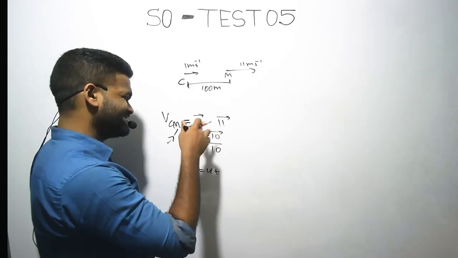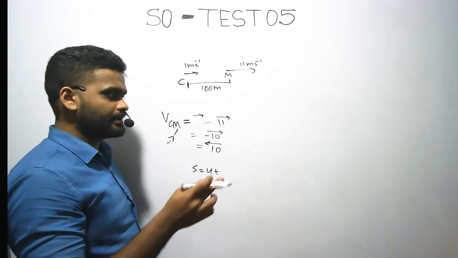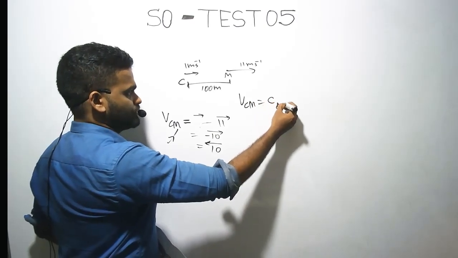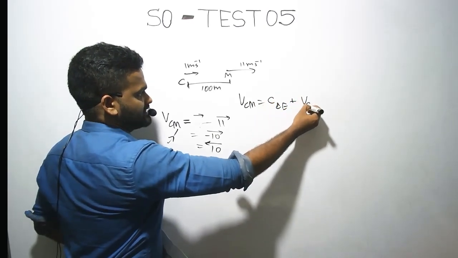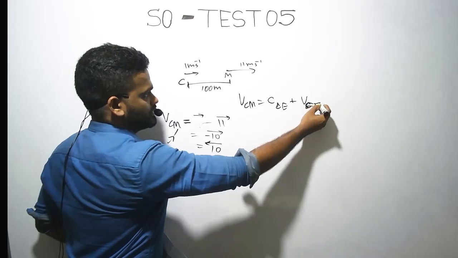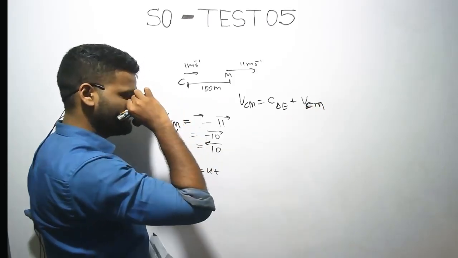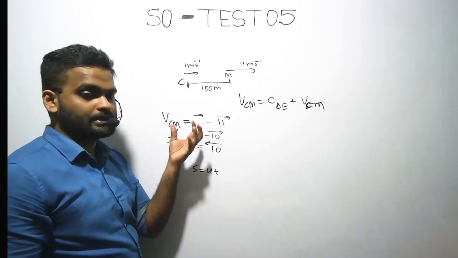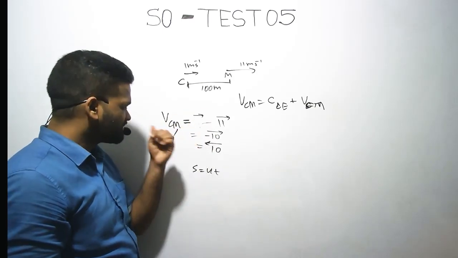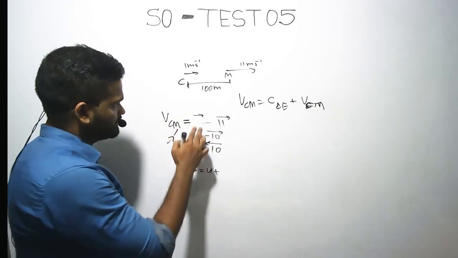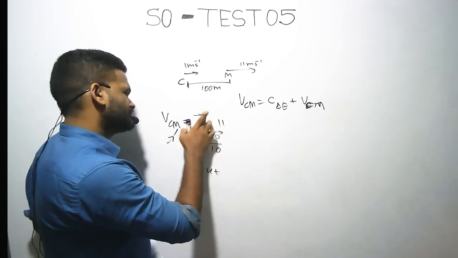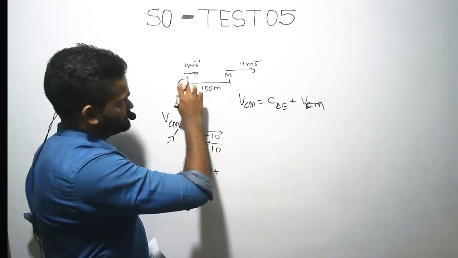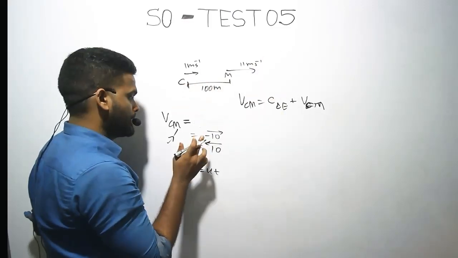If there's any confusion, you can use the original equation and figure out the directions. But here we are using a shortcut method. Anyway, we know we need the difference of velocities since they are moving in the same direction.